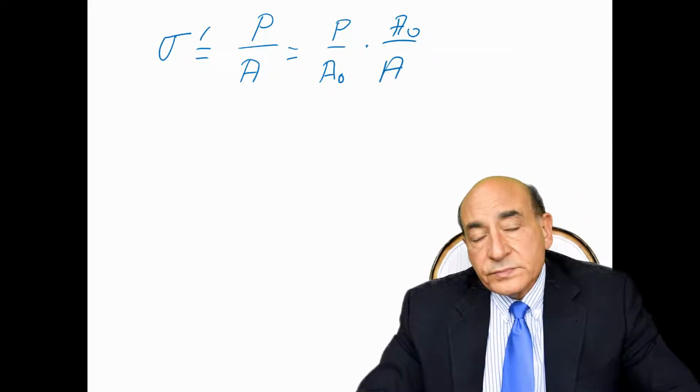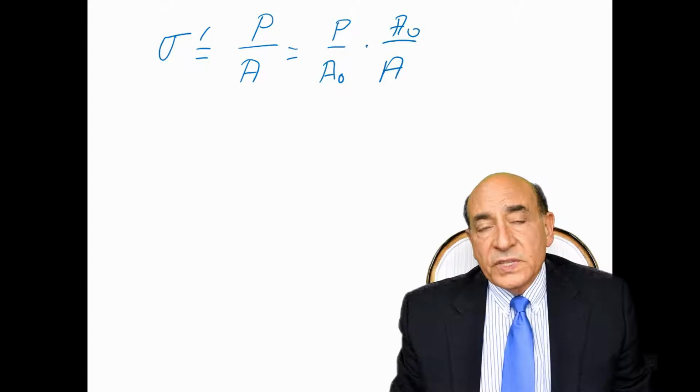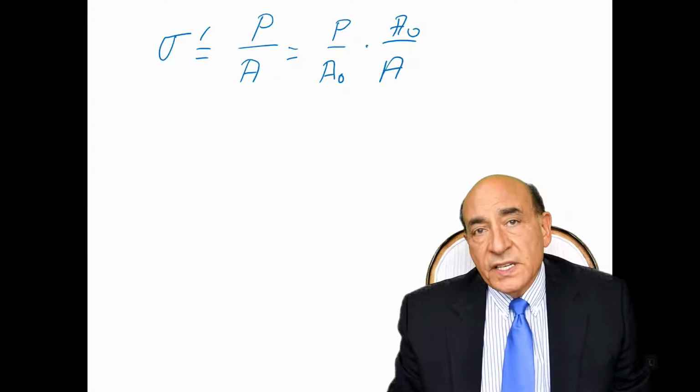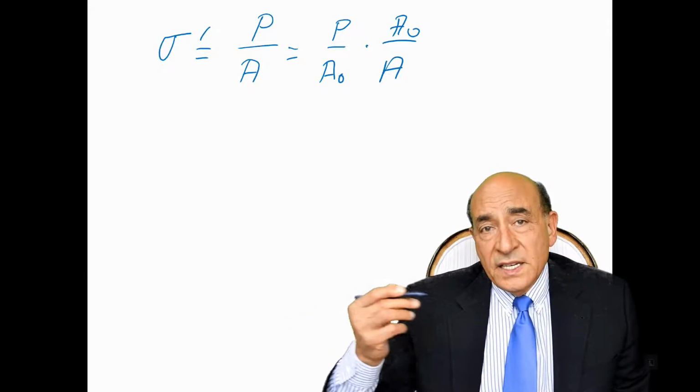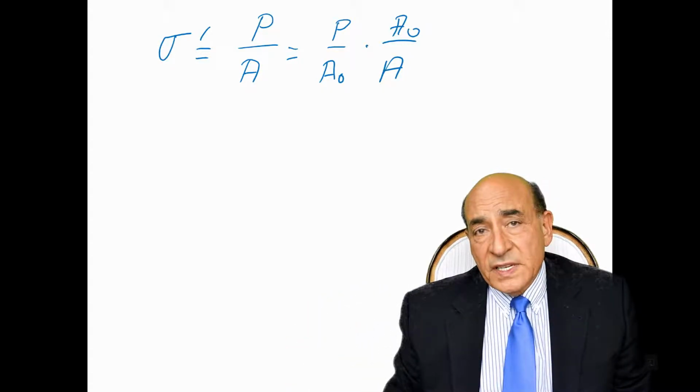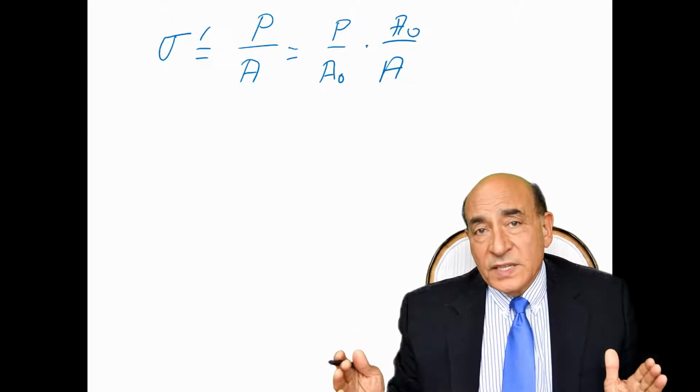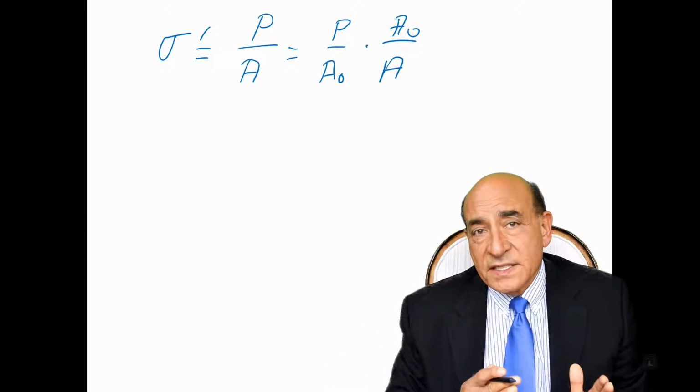One approximation that we use is that when the material deforms plastically, the magnitude of the deformation is very large. The plastic part is very large compared to elastic deformation.